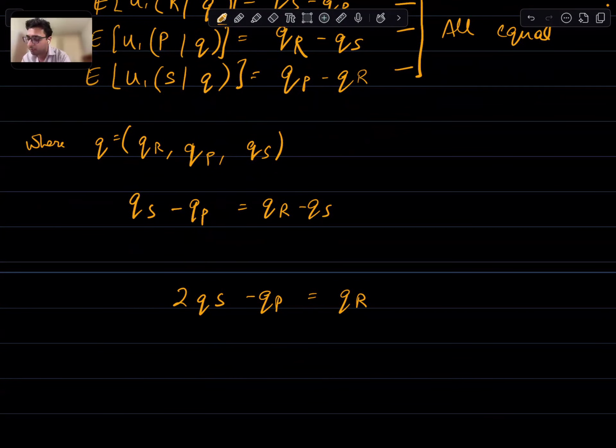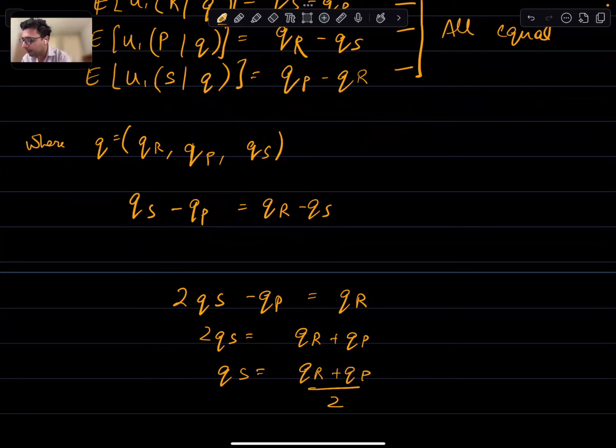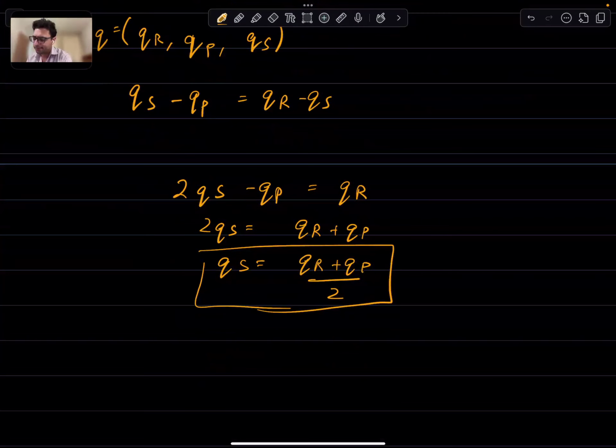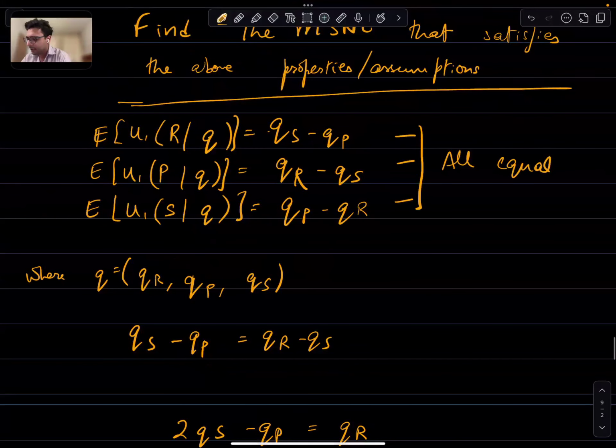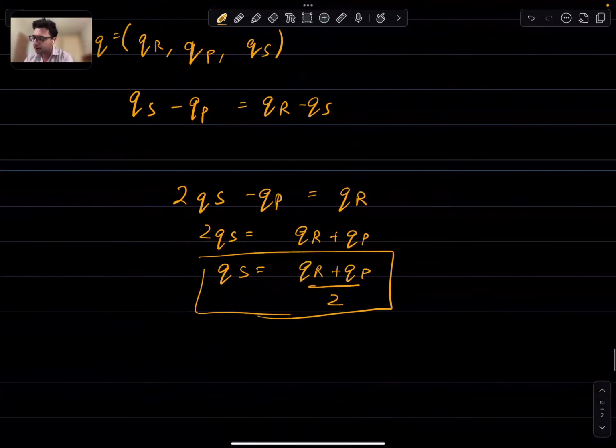Now I'm going to add QP on both sides. 2QS equals QR plus QP, or QS equals (QR plus QP) divided by 2. Right, this is just algebra. I set these two things equal to each other first. Now I will set the next two lines equal to each other.